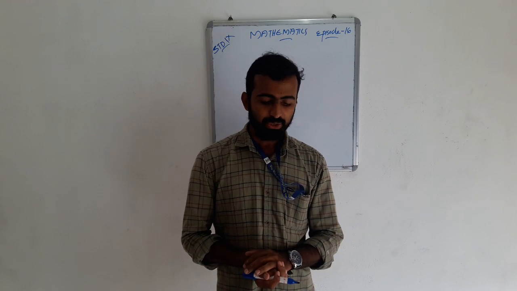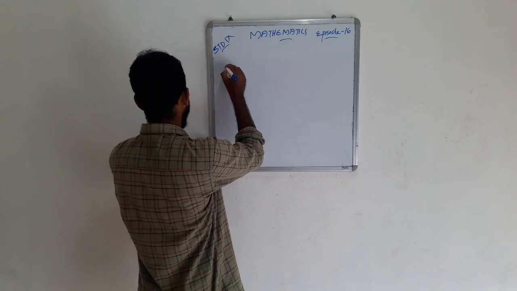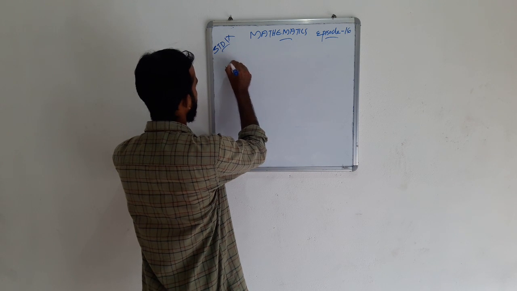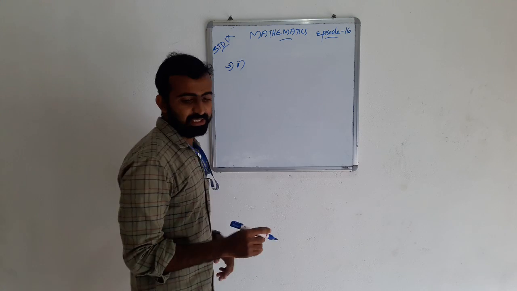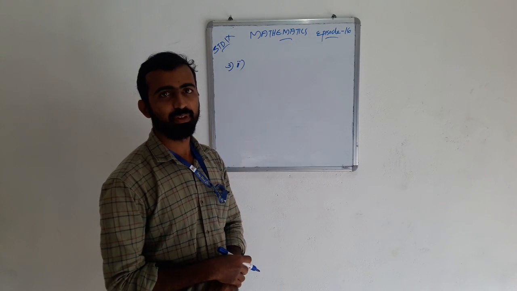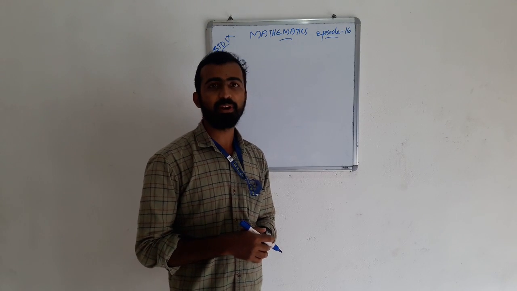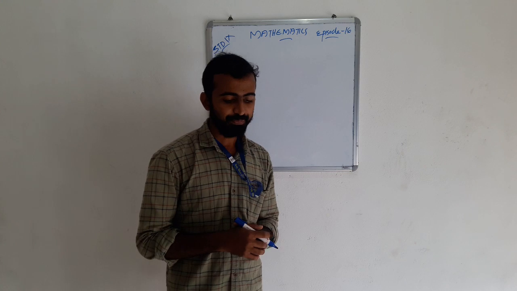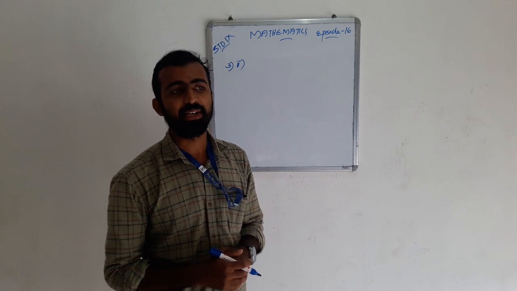Today we are going to discuss the second question. The third question is: factorize the following using appropriate identities.